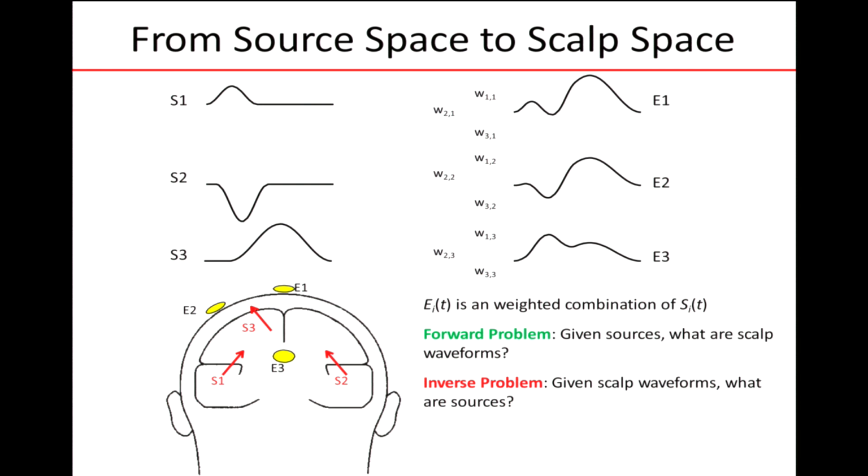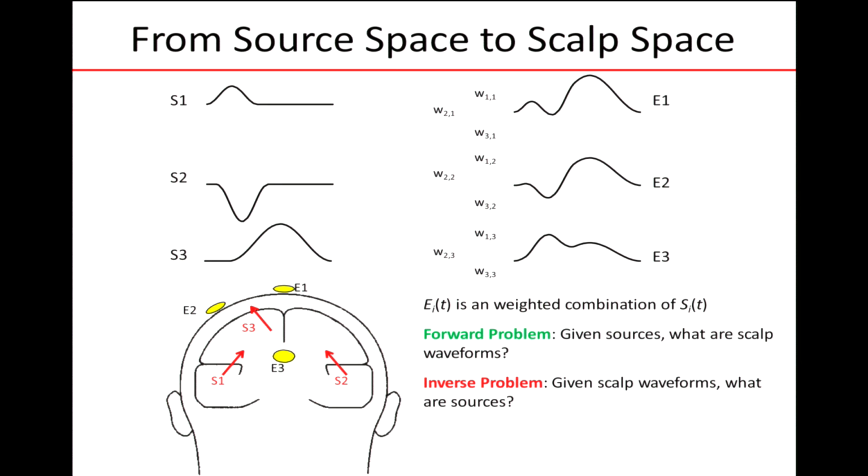That is the forward problem, a mathematical problem that can be solved. Here we know where the neural sources are located, what their strengths and orientations are, and the task is, knowing these individual source dipoles, to calculate what EEG potential would be recorded at the scalp.